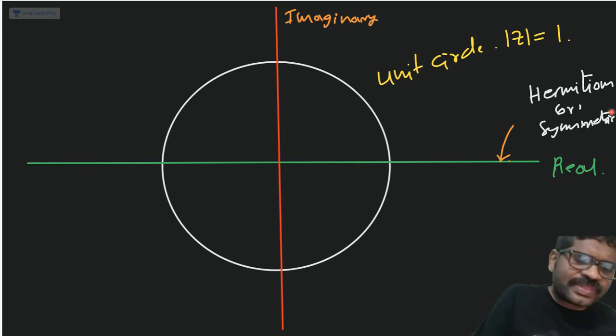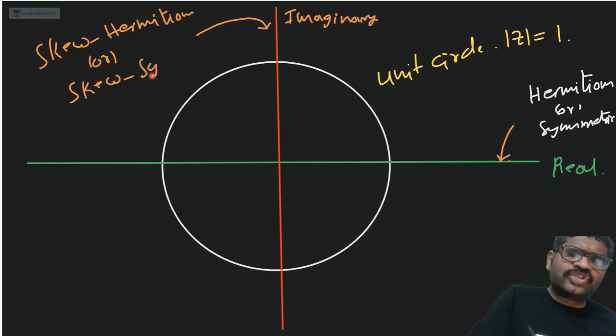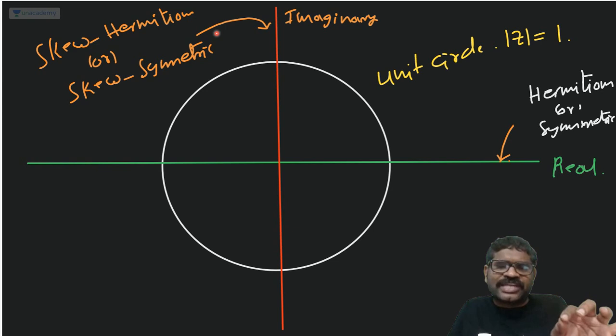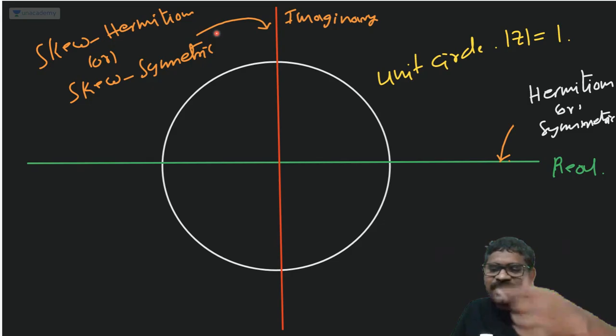Next, skew Hermitian or skew symmetric. Eigenvalues of skew Hermitian or skew symmetric always lie on the red color imaginary line.